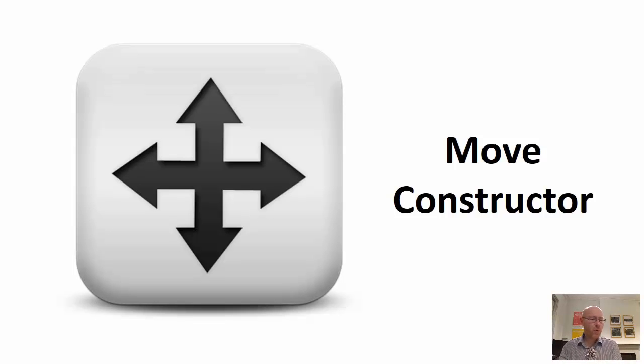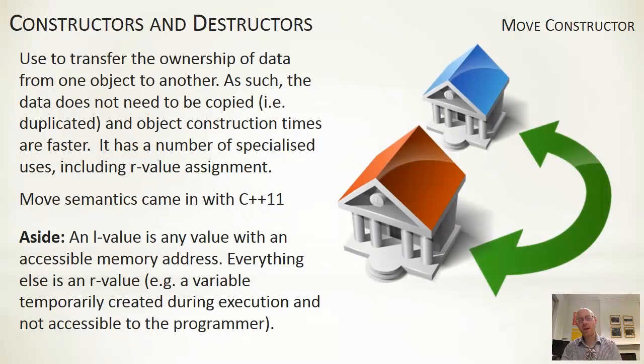So the semantics for the move constructor came in with C++11. That's where you had it cleanly defined. It is all about transferal of ownership, particularly of data from one object to the other. And we would transfer ownership because we want to avoid duplicating and copying the data.